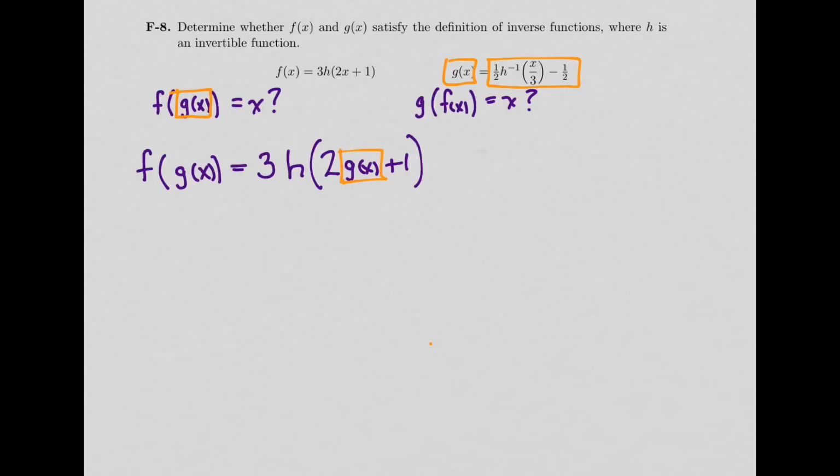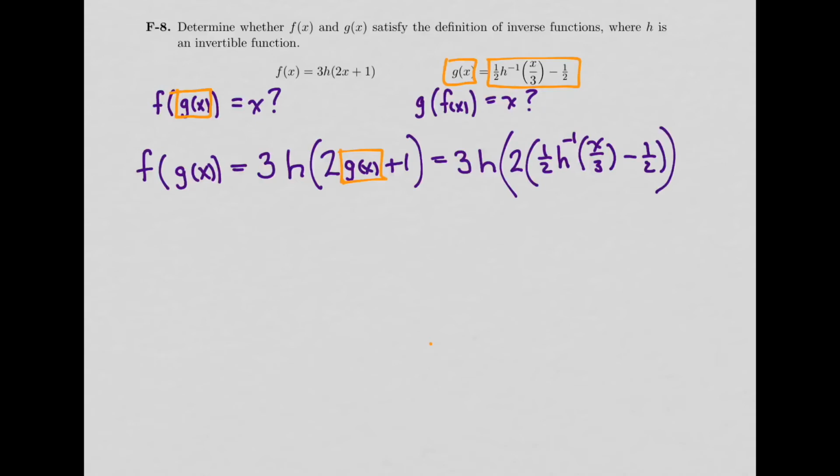Okay, so I need to think of this as a single object, and so I'm going to put it in parentheses as I do this next step. I get 3 times h, where the input of h is twice the quantity, here's where the parentheses are, 1/2 of what h inverse gives me with x over 3, minus 1/2.